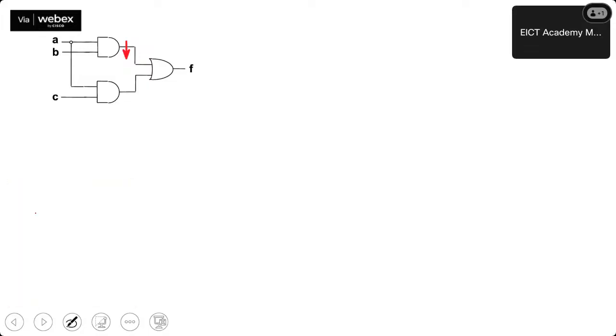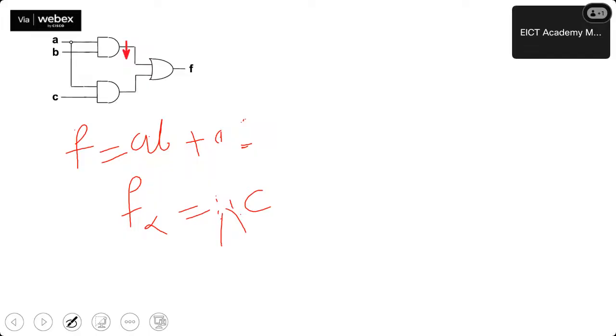There is some issue with the device. I hope it will work fine during this 1 hour. Yeah, so f was AB plus AC. We have to XOR this with f alpha. f alpha was AC. Not able to write very well. Yes, so this is AB plus AC and this is AC. We have to XOR both of these.